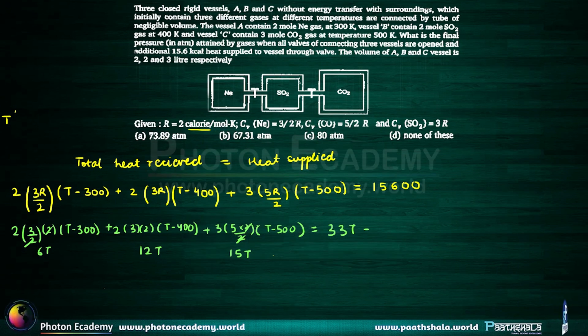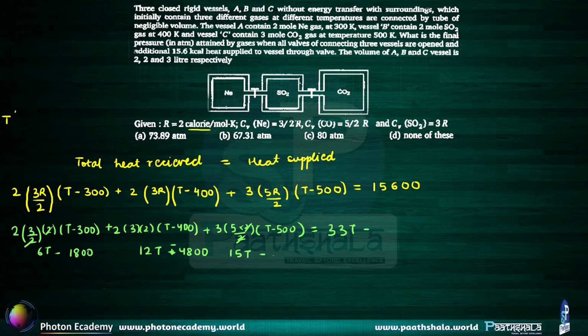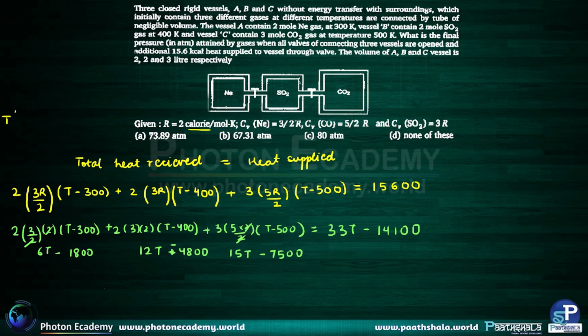Minus 6 into 3 is 18, and 12 into 4 is 48, right? There'll be a minus sign here. And 15 into 5 is 75. So 1800 plus 4800 plus 7500 will give 14100 right here, and this is equal to 15600.